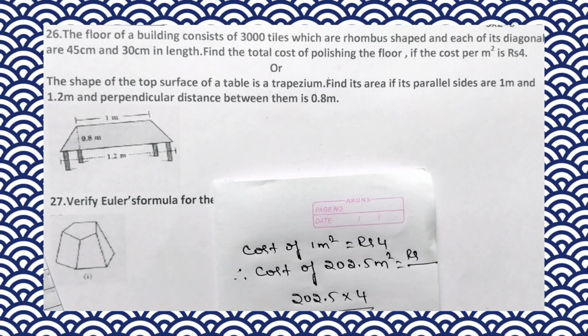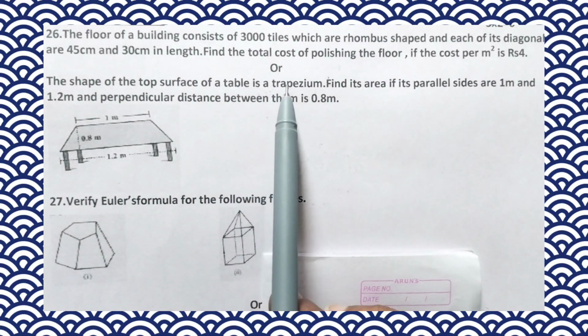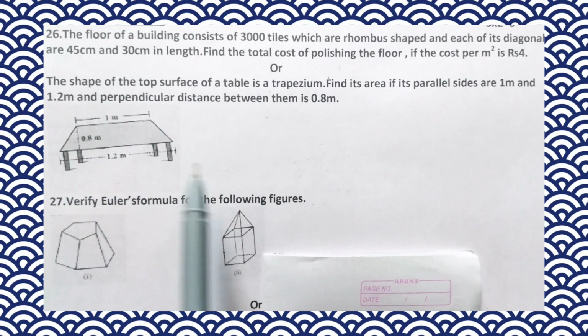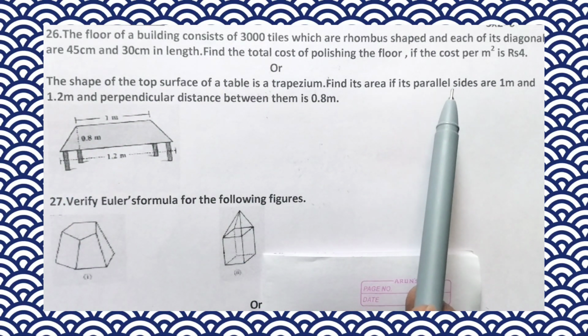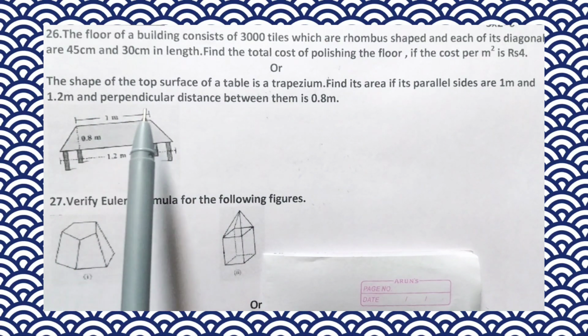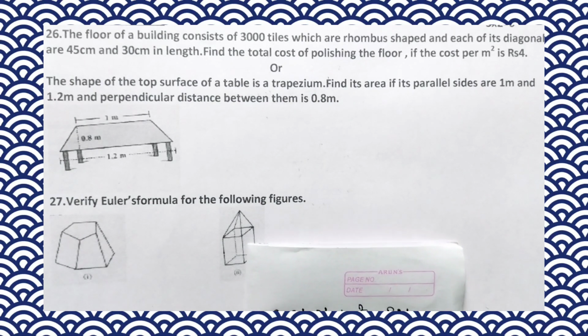Inside that, there is another internal choice question. That question is: the shape of the top surface of a table is a trapezium. Find its area if its parallel sides are 1 meter and 1.2 meter and the perpendicular distance between them is 0.8 meter. Now let us calculate.